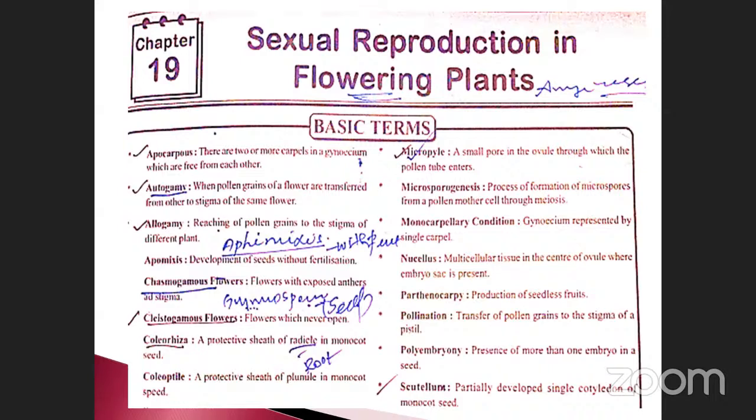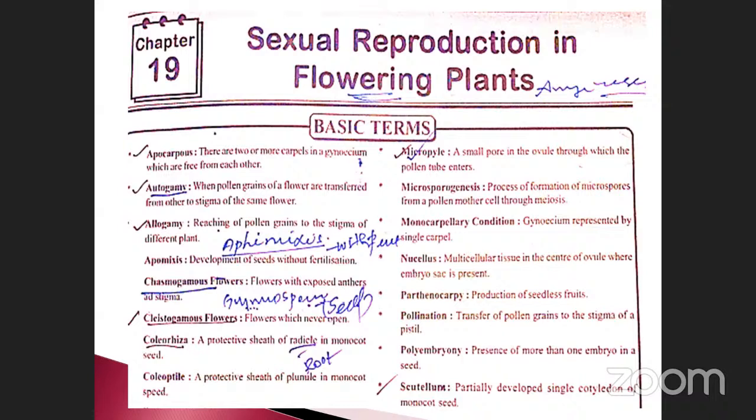The radicle produces the coleorhiza. Coleoptile produces the plumule, a shoot system as well as a root system. It is also very important. Fibrous root system here, while there it is a taproot system. Already you know about that. What is the coleoptile? It is nothing but the protective sheath of the plumule in monocot seed.